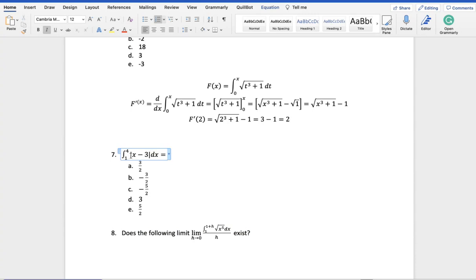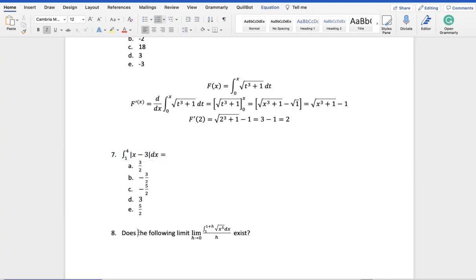So the first thing you need to do is study the sign of the absolute value of x minus 3 between 1 and 4. You have to evaluate this absolute value as a piecewise function, which you guys have done, and then you see how the function changes signs. Then basically what you will get is the sum of two integrals that you have to evaluate and then get one of these values as the answer.